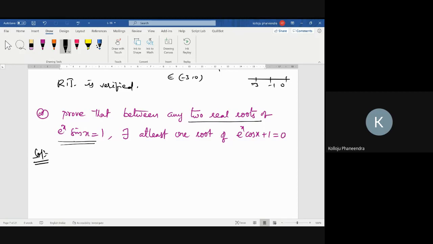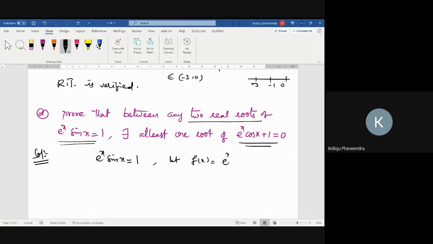Between those two real roots, there exists one root of another equation. So what is the given function here? e power x into sin x equal to 1. First we have to assume a function.